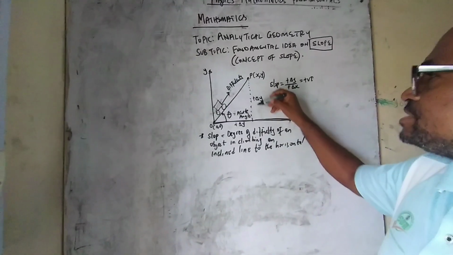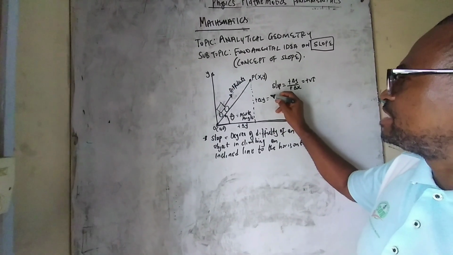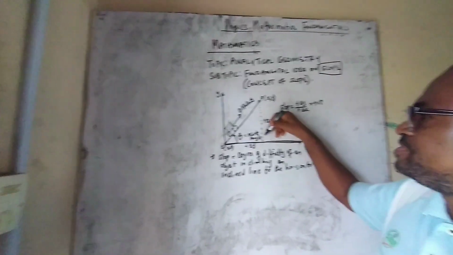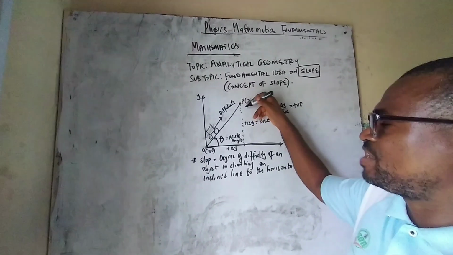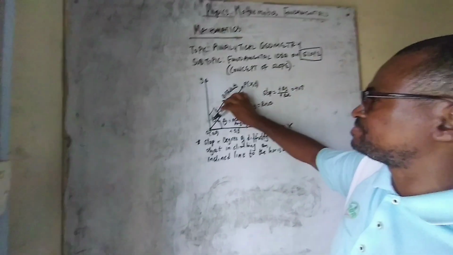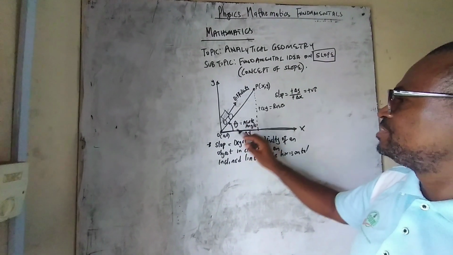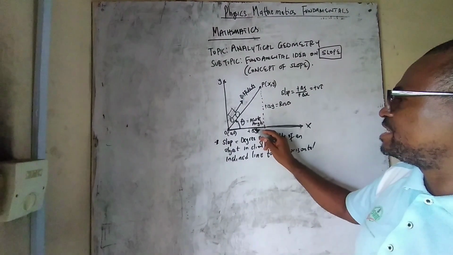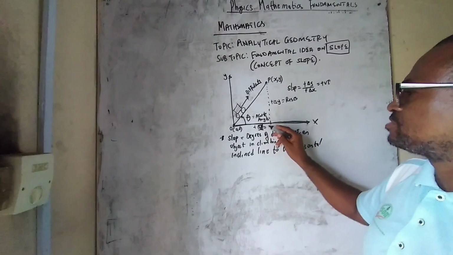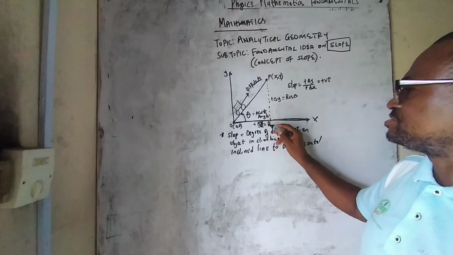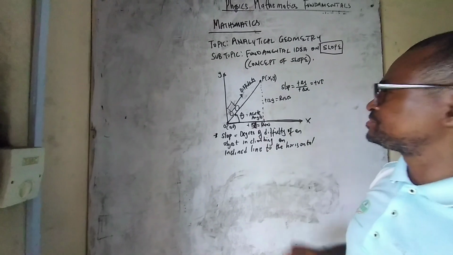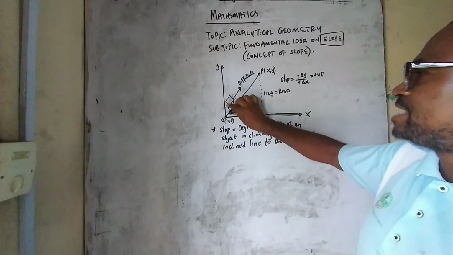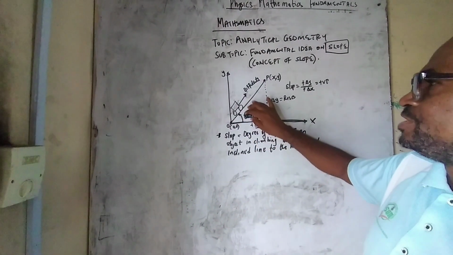This change in y can be taken to be the rise, meaning increments in the value of y as this line is moving. And as this line is moving, the value of x is also increasing. So this change in x can be thought of as the run along the x-axis. That is the situation when you incline the line at an acute angle to the horizontal.